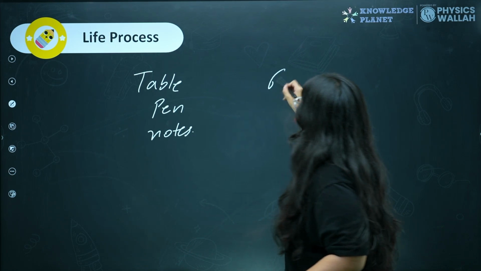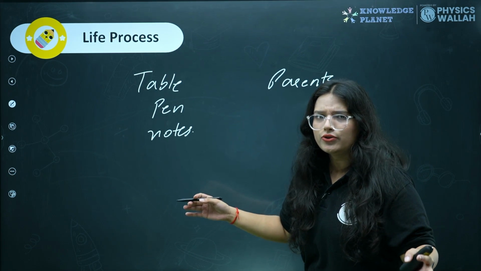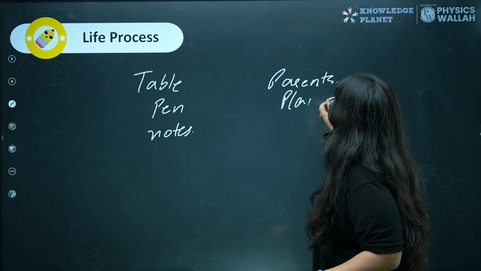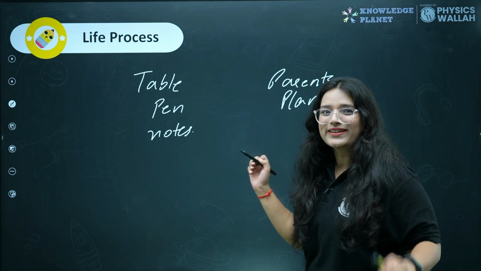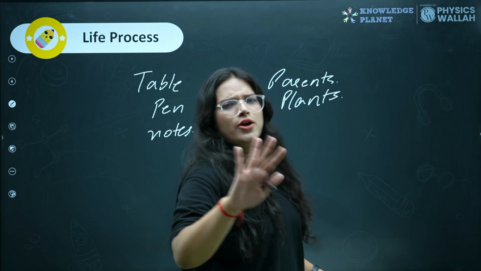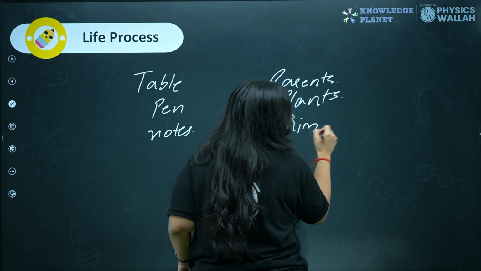Now you might have your parents, right? And some greenery in your room, or might be out of your window. So there could be plants, and who all likes puppies and dogs in their homes? I know you guys might be a dog person or cat person. Not to worry about that, okay? So let's write certain animals as well.